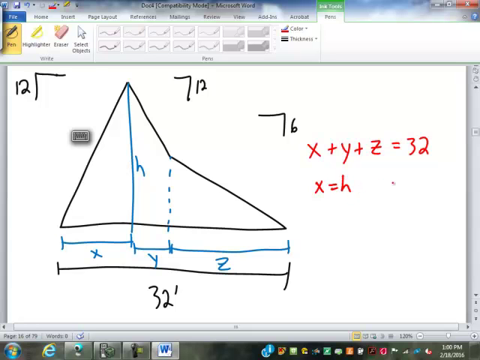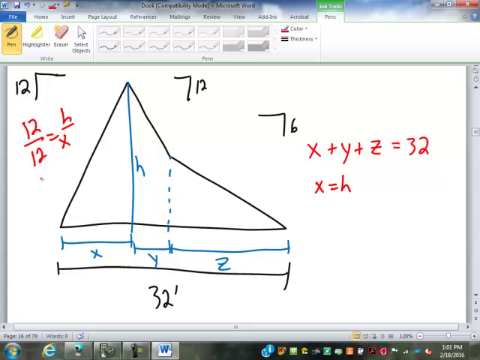We know that X equals H, right? No. How do you know that? I took a little shortcut. 12 over 12 slope, H over X, so the X has to equal H.